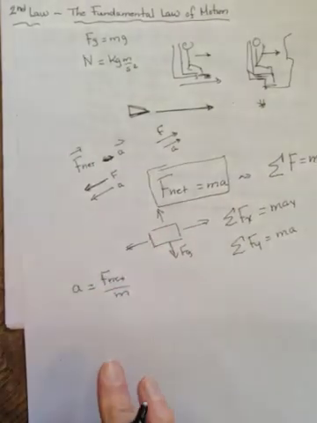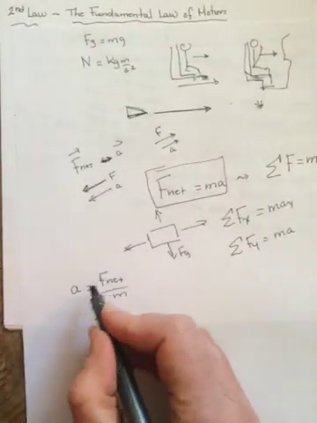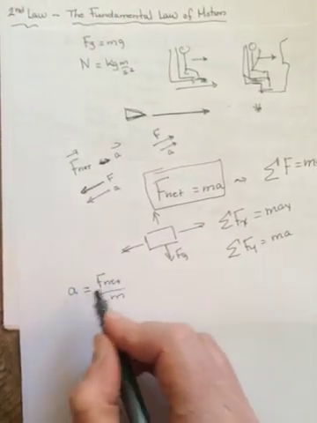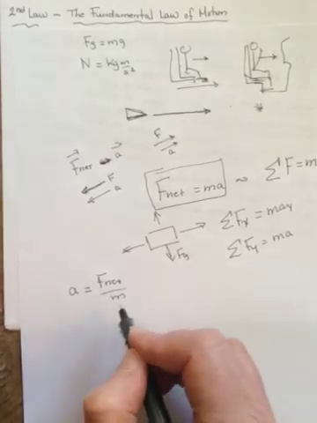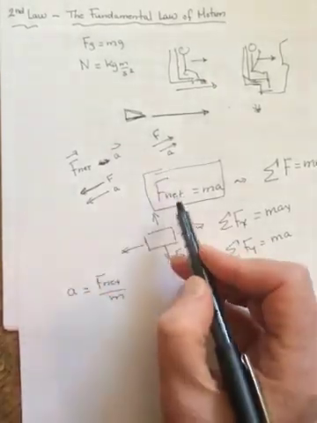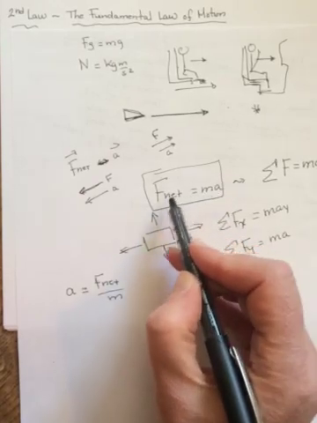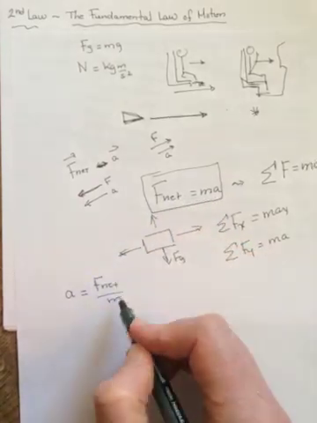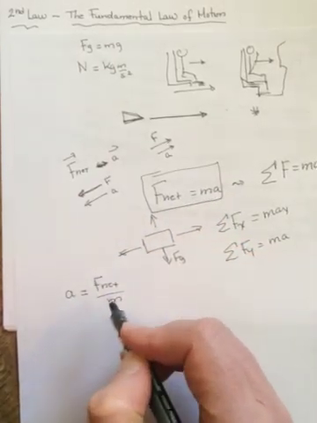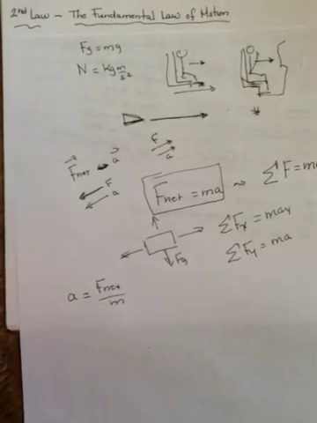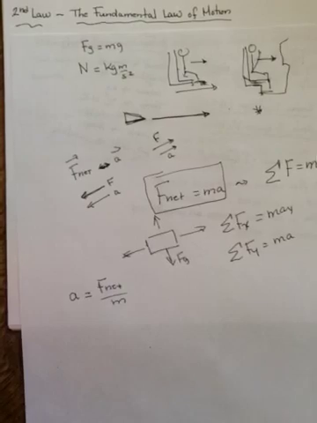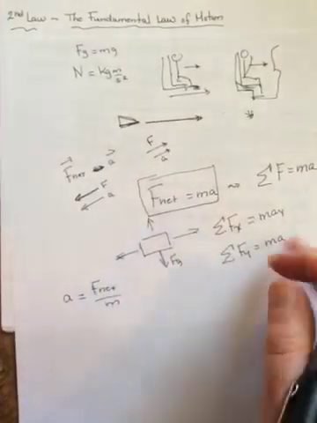So we say that the acceleration is directly proportional to the force, but inversely proportional to the mass, meaning as the force gets bigger, the acceleration will get bigger, but as the mass gets bigger, the acceleration will get smaller. Okay, so that's the second law of motion, the fundamental law of motion, F equals ma.